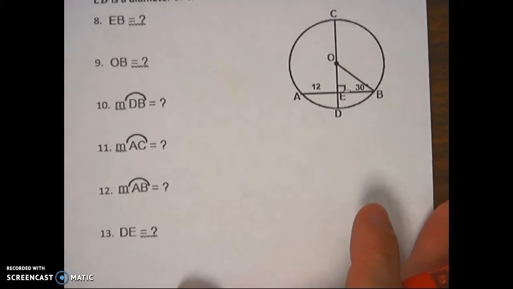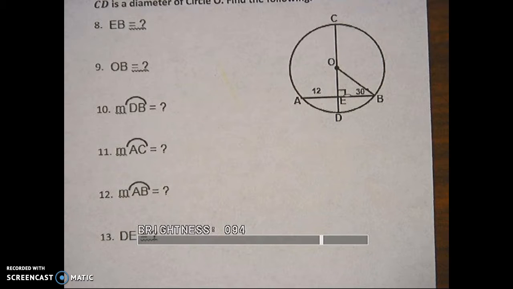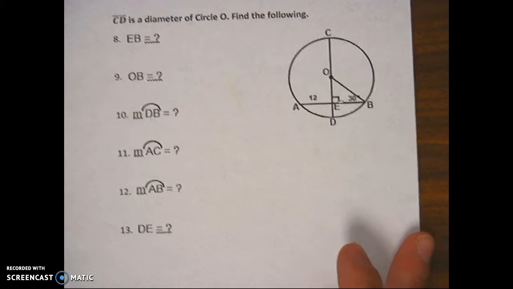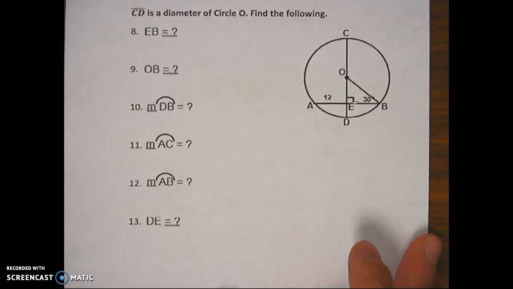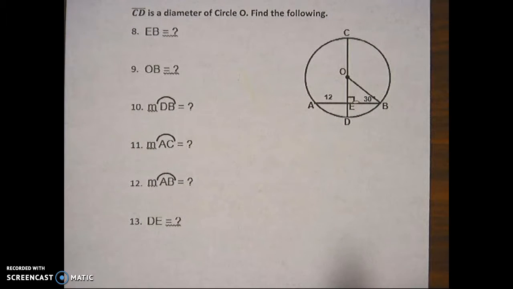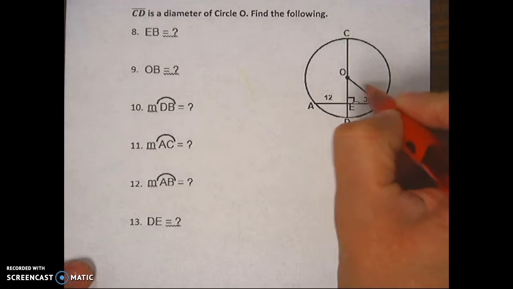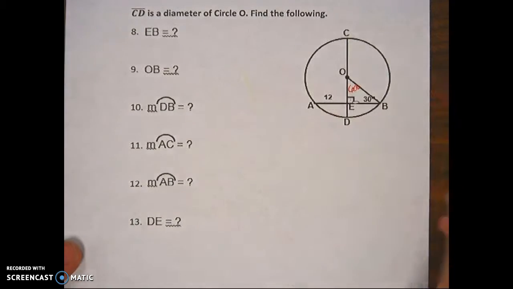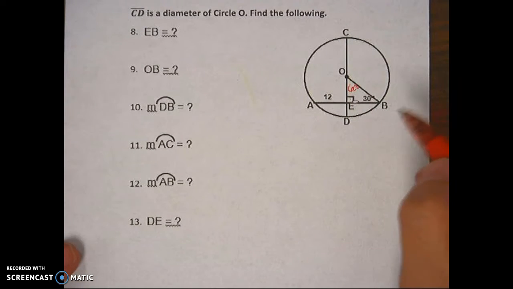I also wanted to really focus on number 8 through 13, because this uses some of what we have done in the past with 30-60-90 triangles and 45-45-90 triangles. If I have a right triangle right here, if this is 30 and 90, this angle has to be 60 because they all add up to be 180.